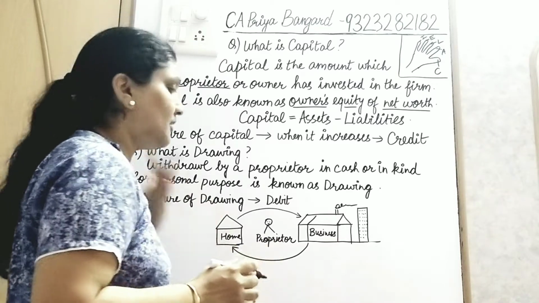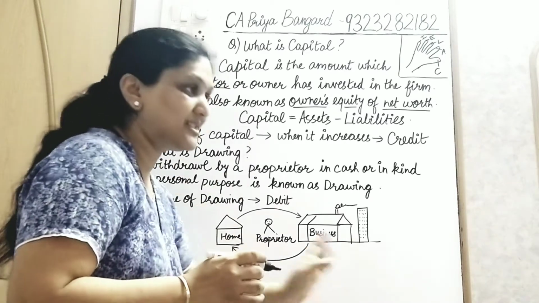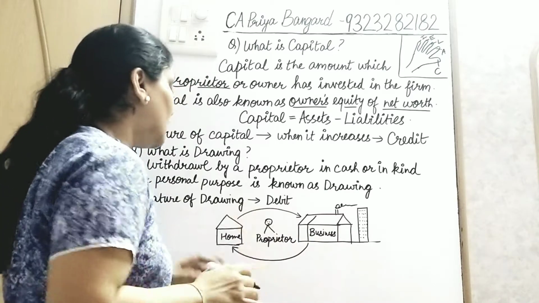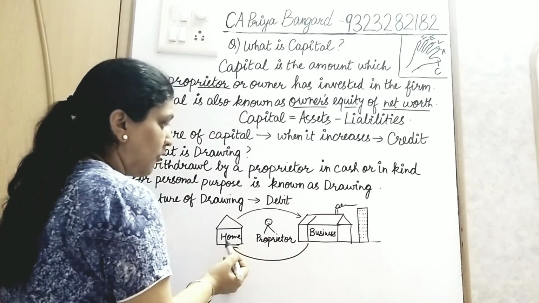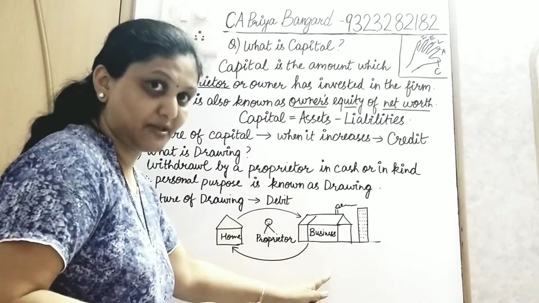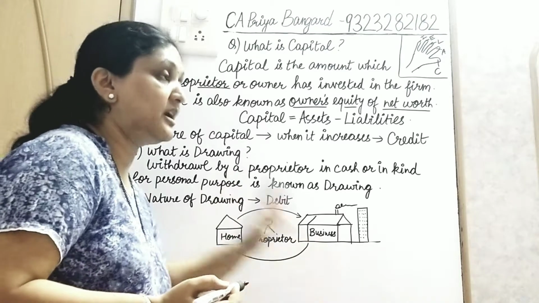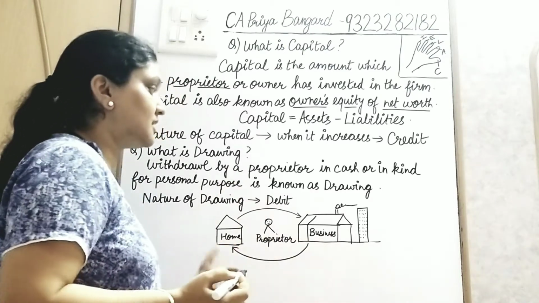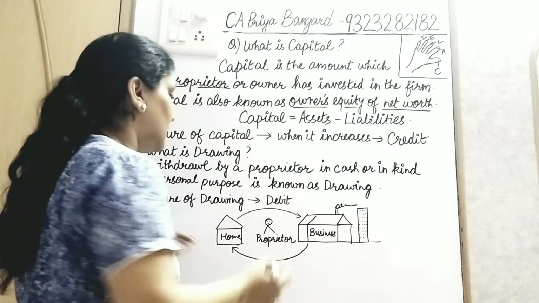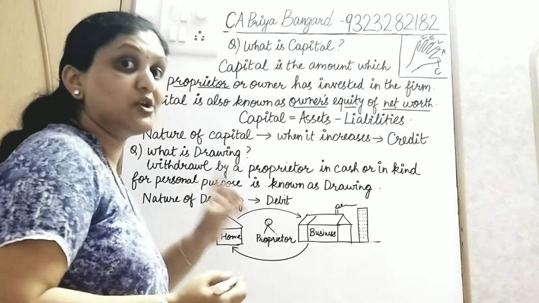And say for example, one laptop was also idle, so from home you took it and invested it in your business. So whatever you take from home and put in your business is known as capital. It can be both money and money's worth. That is, a laptop taken to invest in business is also money's worth. So whatever is taken from home and invested in business is your capital.